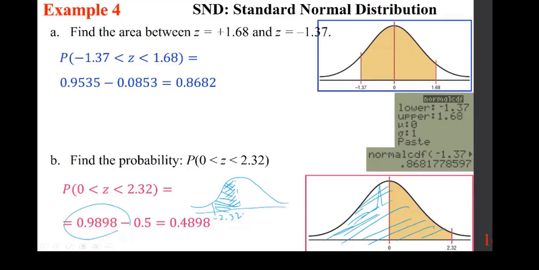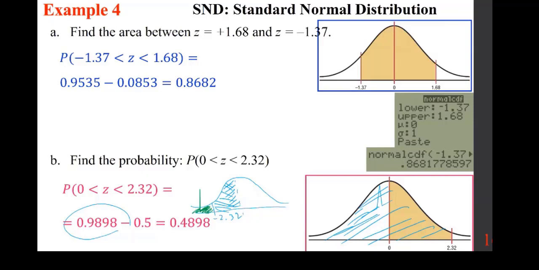So you can read this area from the table of negative Z-scores subtracted from 0.5. I'm telling you various methods of handling this. So find the area to the left of -2.32 and then subtract it from 0.5. It gives you the same answer. I highly recommend you guys try this on your own so you get familiar with different ways of approaching the table.